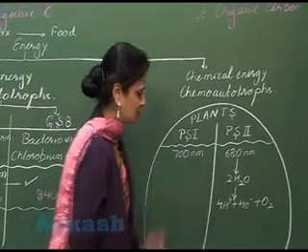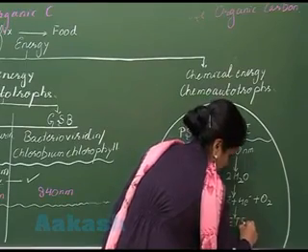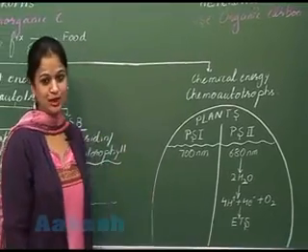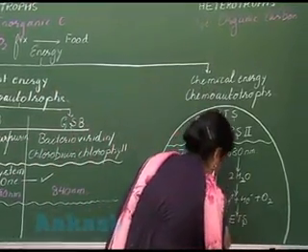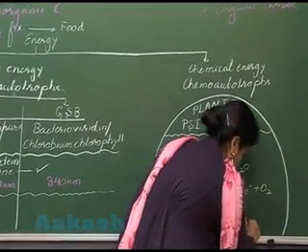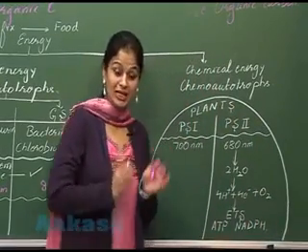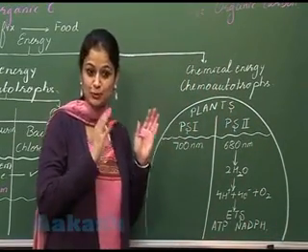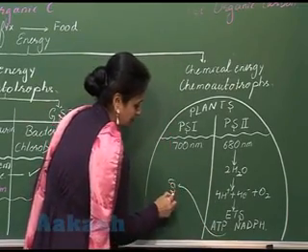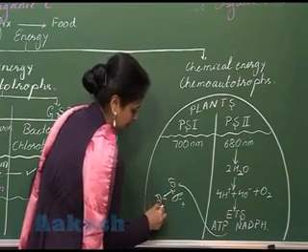Now the electrons which are released enter the ETS, that is electron transport system, and through the electron transport system there is production of ATP and NADPH. Now the ATP and NADPH which is produced here is used for carbon dioxide fixation, which in turn results in the synthesis of food.